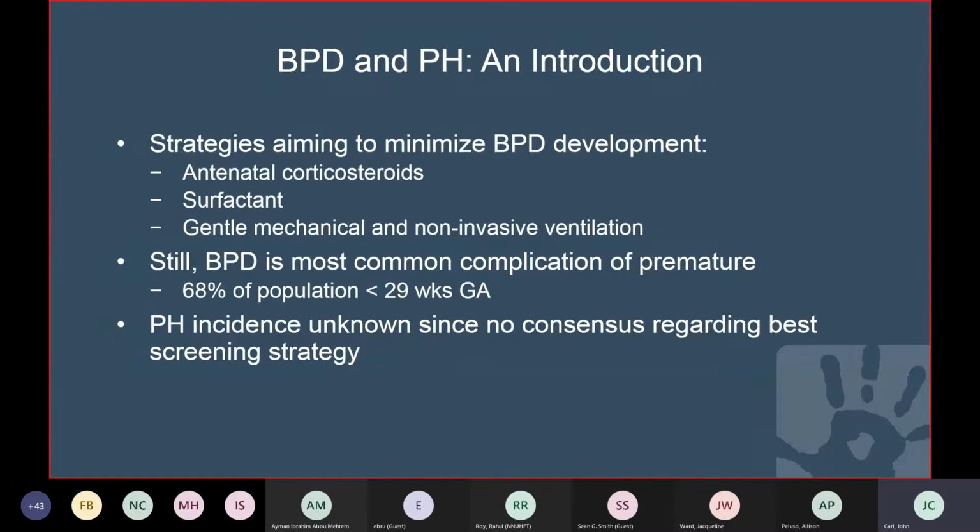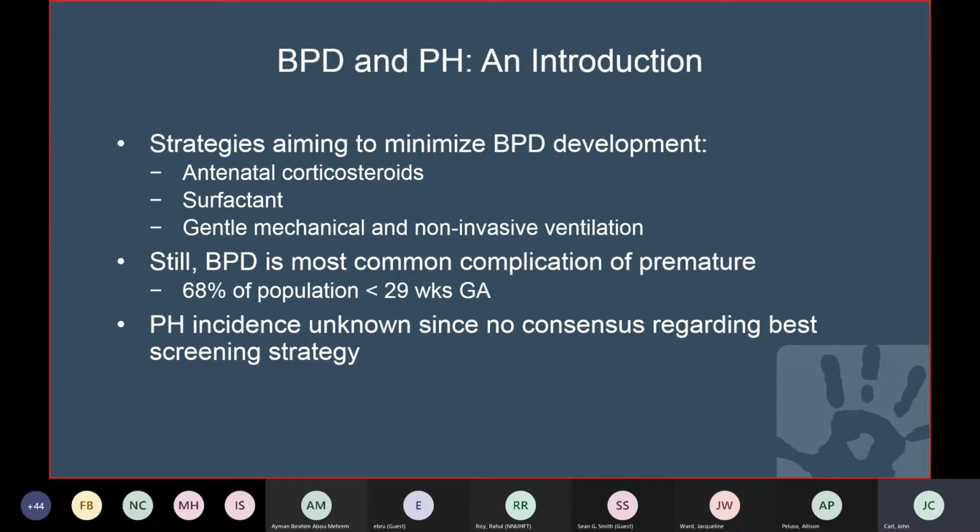So for an introduction, you all know that in neonatology you've made great strides in recent decades to minimize development of bronchopulmonary dysplasia through use of antenatal steroids, exogenous surfactant, and gentler forms of mechanical and non-invasive ventilation. Specifically here, you guys have championed the use of bubble CPAP, which has resulted in significant decrease in incidence of BPD early.